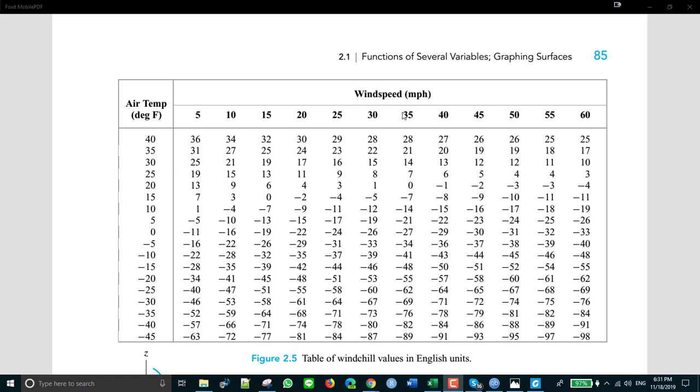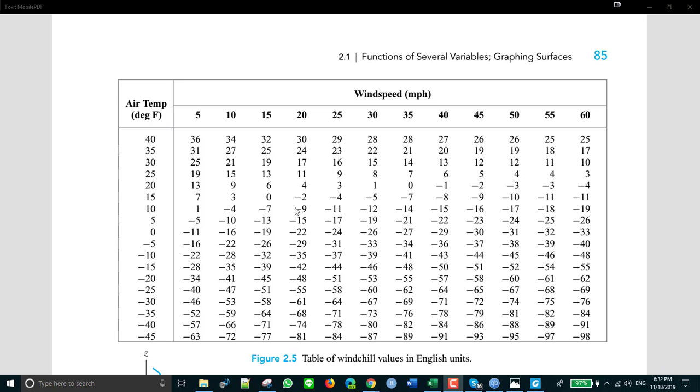Of course you know that when it's very cold, these are temperatures in Fahrenheit, but it doesn't matter. When it's very cold and the wind speed is high, then it feels even colder. So even though the temperature is 15, when the wind speed is 20, it feels like it's -2.